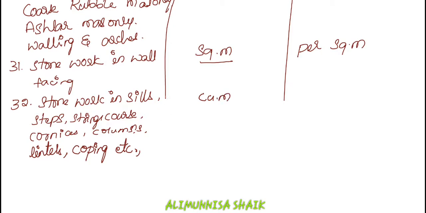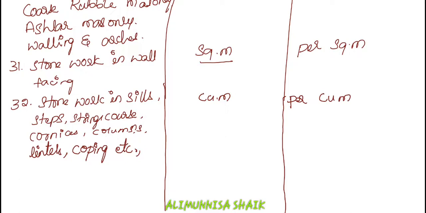For calculating each and every work, the unit of measurement is basically taken in cubic meters. As we have this in cubic meters, obviously the rate is calculated per cubic meter for each and every item. So this is about the stonework in sills, steps, strings, cornices, columns, lintels, copings, etc.